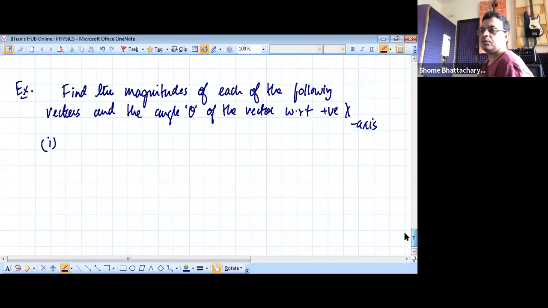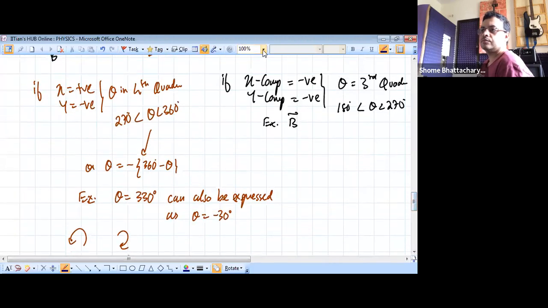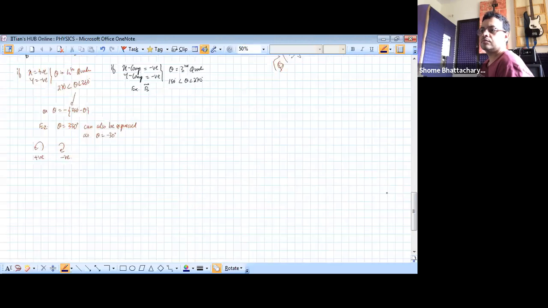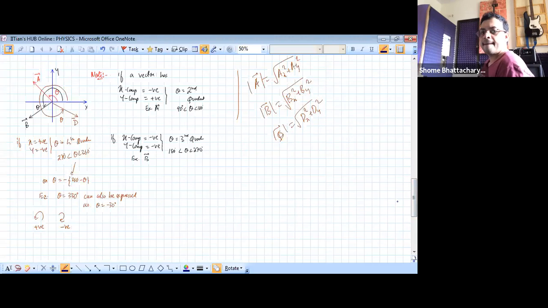Okay, so do the above part again. Okay. So quadrant 2, quadrant 3, and quadrant 4 is the condition.